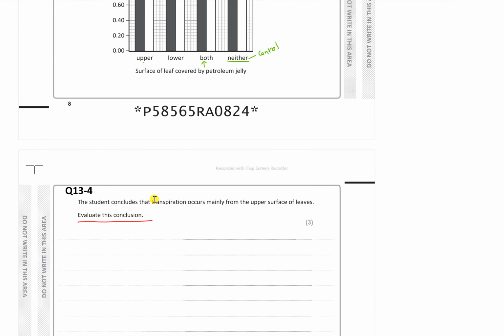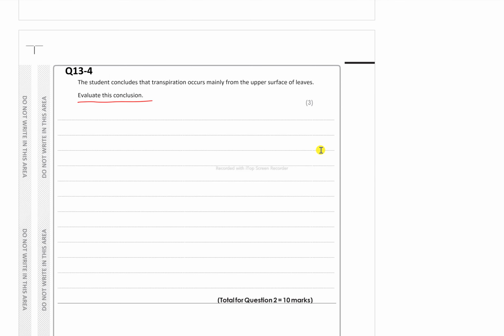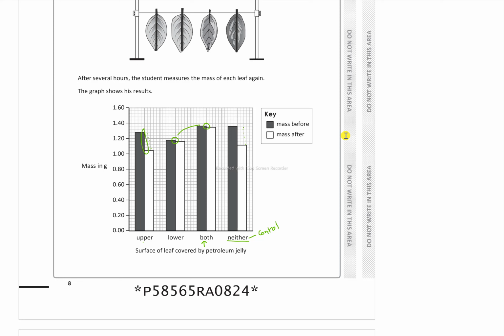The student concludes transpiration occurs mainly from the upper surface of the leaves. No, I wouldn't say that. Right. If this was the case, these two would have been the other way around.